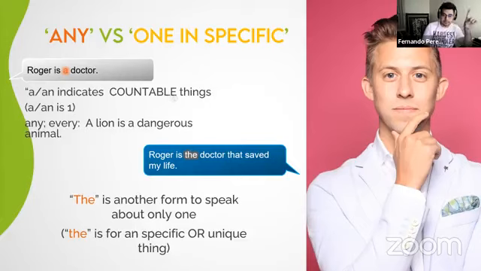That's super important, okay? Countable things or countable nouns. For example, Roger is a doctor. This is Roger, and he is a doctor. In Spanish, we say Rogelio es doctor. In Spanish, we don't say Rogelio es un doctor. Do you agree?